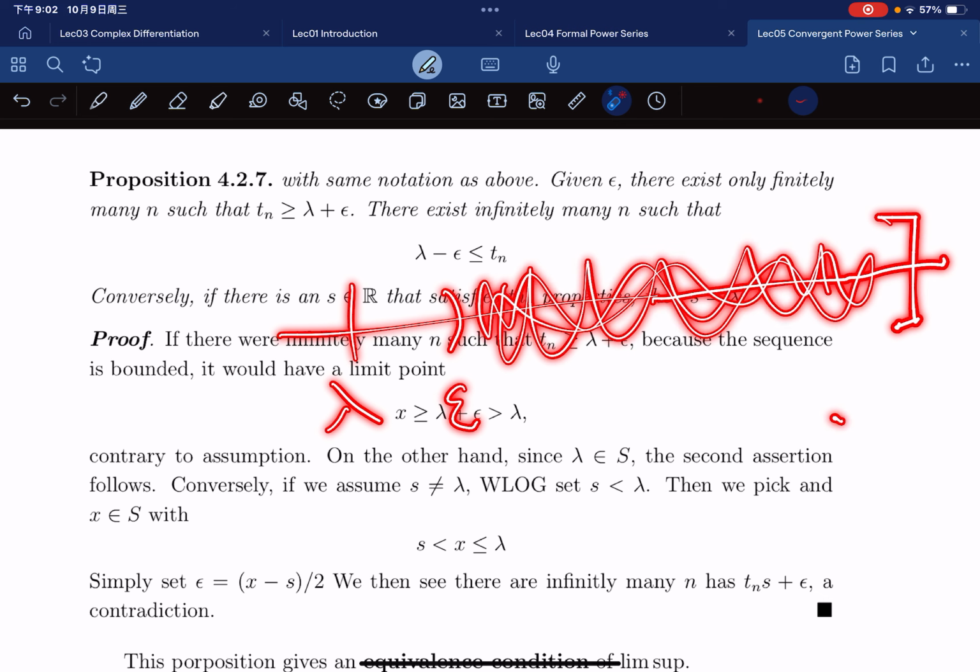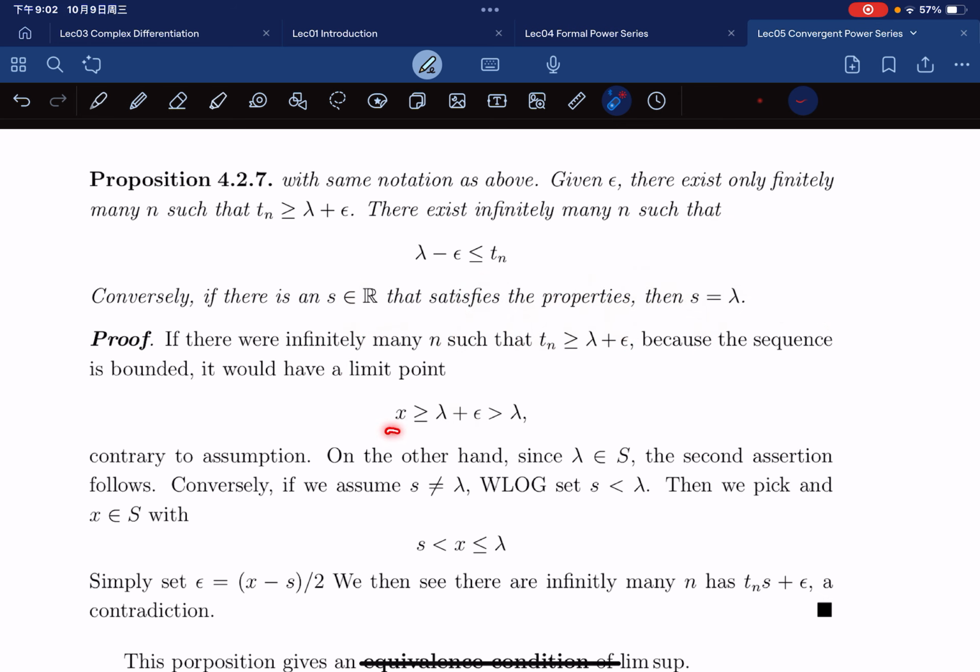Then it will have a limit point that lies entirely outside of here, which is greater than lambda. This is contrary to the assumption, since lambda is the supremum of the limit points.